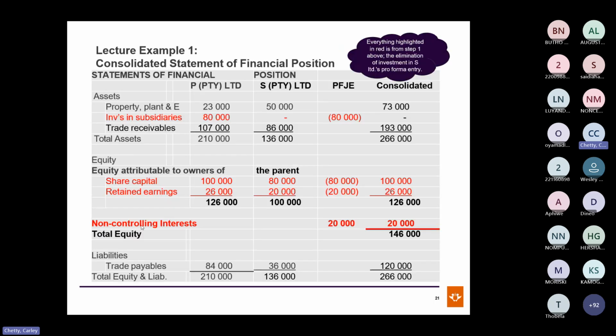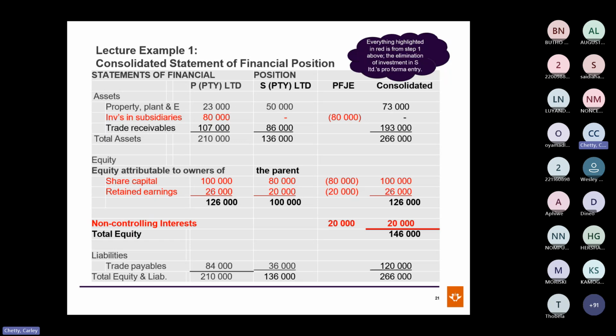We are saying non-controlling interest is 20,000 Rand, and that is NCI's portion. So if we add up the portion that belongs to the parent, it is 126,000 plus the non-controlling interest portion, which is 20,000. It gives us a total consolidated equity figure of 146,000.